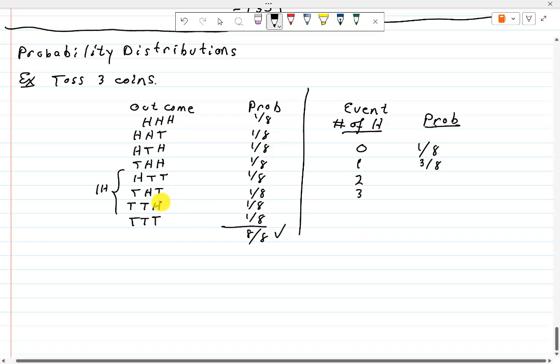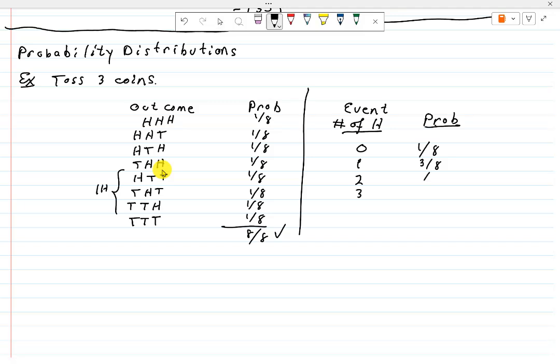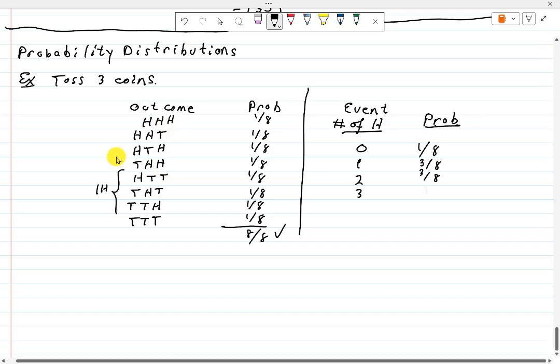Then 2 heads, how many of those do we have? 1, 2, 3 out of 8. And finally, 3 heads is only 1 out of 8. Notice that I've added it up to 8 out of 8, so it checks out.